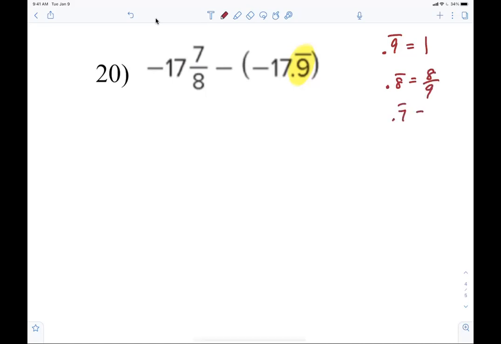What's 7 repeating? 7/9. 6 repeating, which we said was 2/3. That's just a pattern. What? How is 0.9 1? It's 0.9 repeating, but it never equals 1. It always has an extra piece to it.